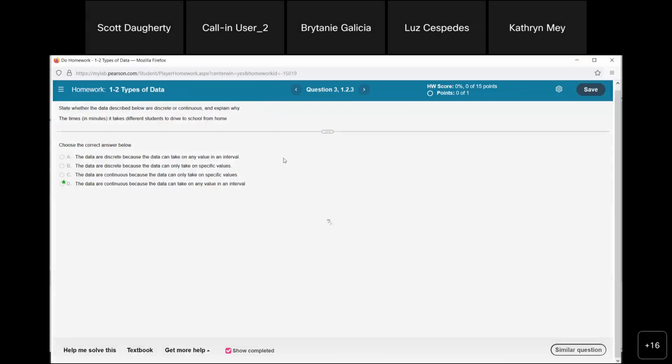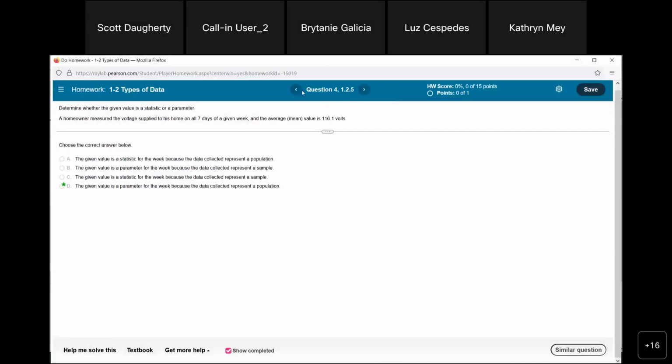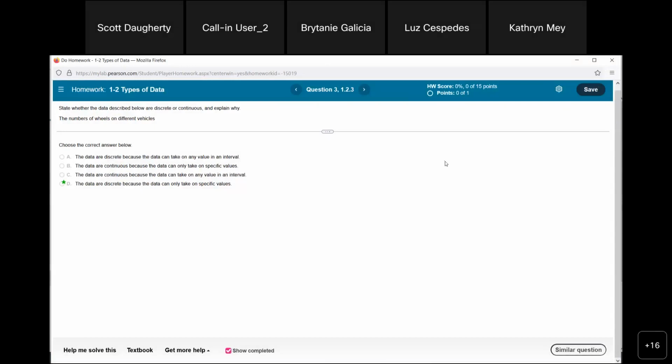Be careful about that. Now this one says the number of wheels on different vehicles. So you go to one vehicle and you count how many wheels it has.